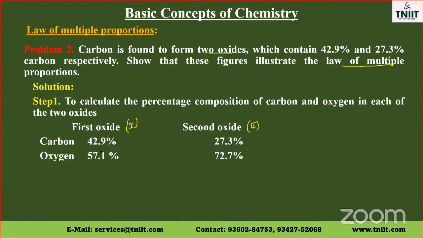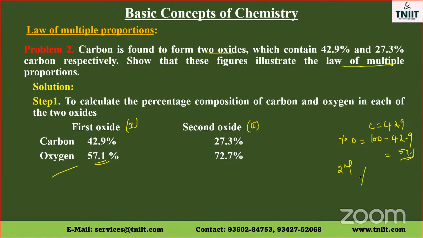In the first oxide, carbon is 42.9%. If carbon is 42.9%, then the percentage of oxygen will be 100 minus 42.9, that is 57.1. So in the first case, the percentage of oxygen is 57.1. In the second oxide, the percentage of carbon is 27.3.